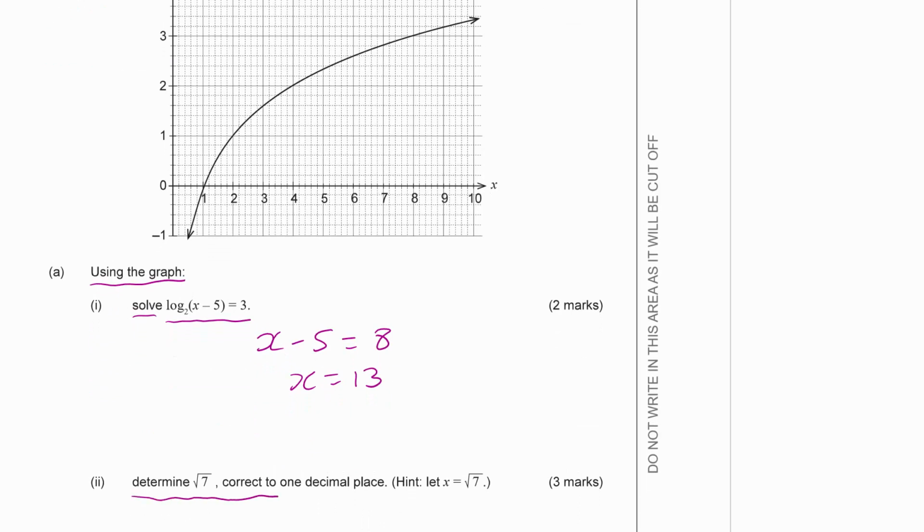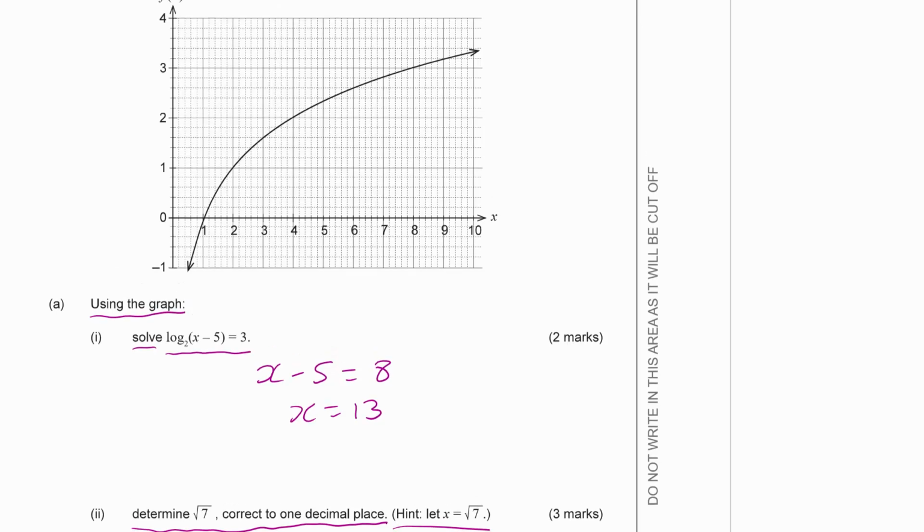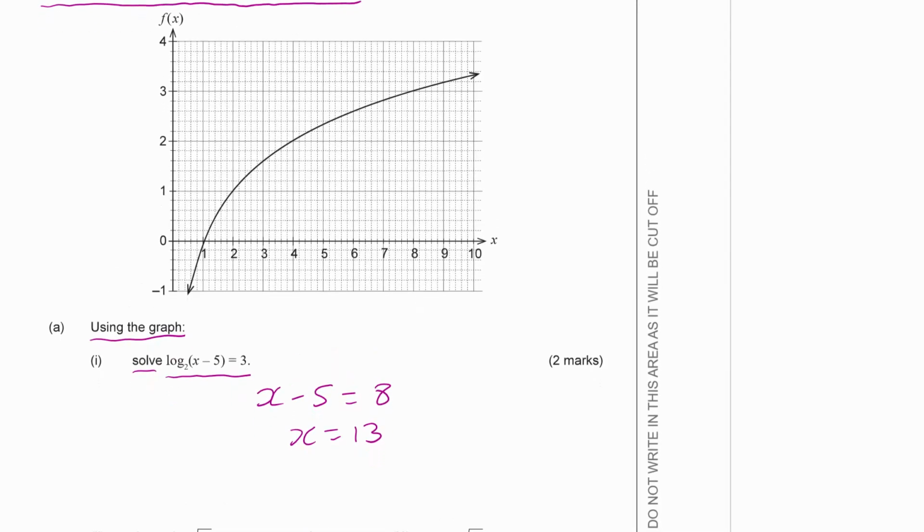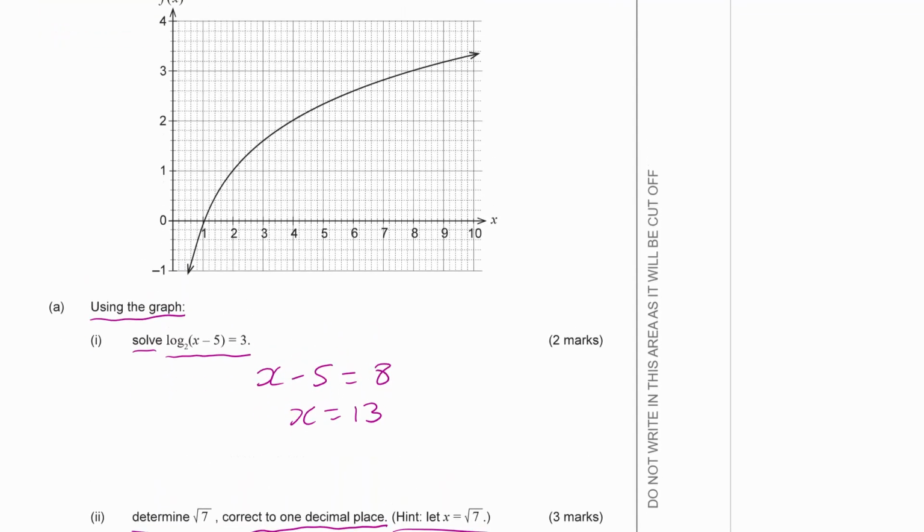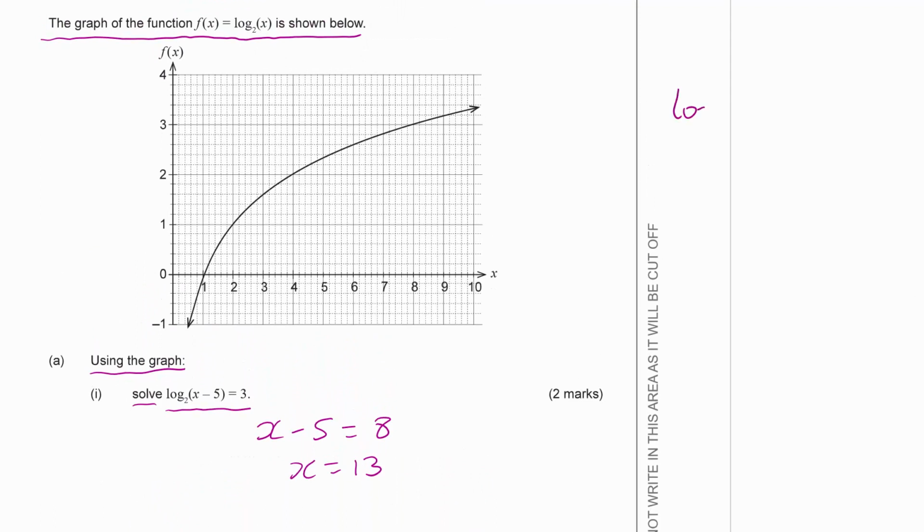Determine the square root of 7 correct to one decimal place. So there's a hint that x equals the square root of 7. So what we have is log to the base 2 of the square root of 7, which is log to the base 2 of 7 to the half, which is a half log to the base 2 of 7.